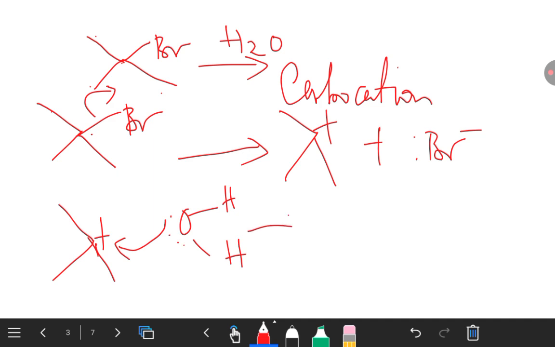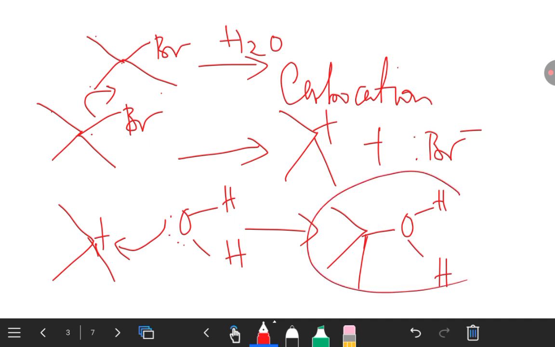What is now being formed will be this, with the water attached there. It has attacked this carbocation and we have this structure.